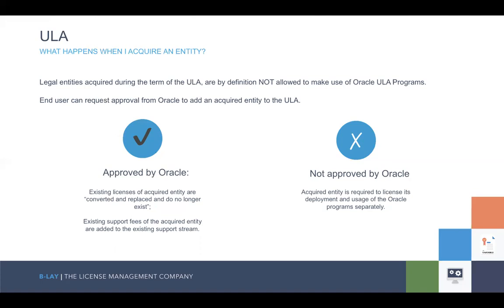You can still submit a request towards Oracle to make sure that that legal entity is allowed to make use of the software, but then typically Oracle, if it would approve it, will require you to roll in the support maintenance of those licenses of the acquired entity into your ULA, so your total support stream will increase, or Oracle just doesn't approve it and wants to see the acquired entity make use of the ULA as well by issuing an amendment.